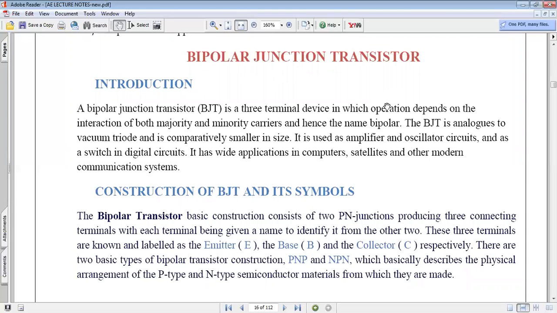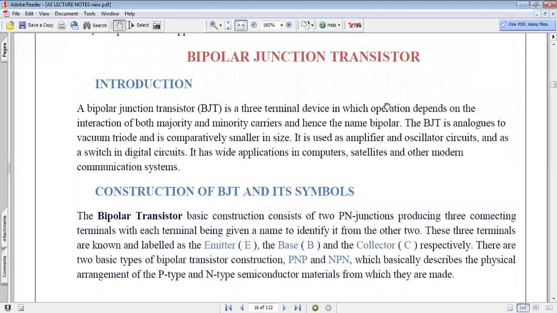Why is the name transistor? Because it offers the transfer of the resistance. Transfer of resistance from input terminal to output terminal. As we move into the device, its resistance changes from emitter region to collector region. If we go to its constructional detail, we will come to know how the resistance varies from emitter to collector.